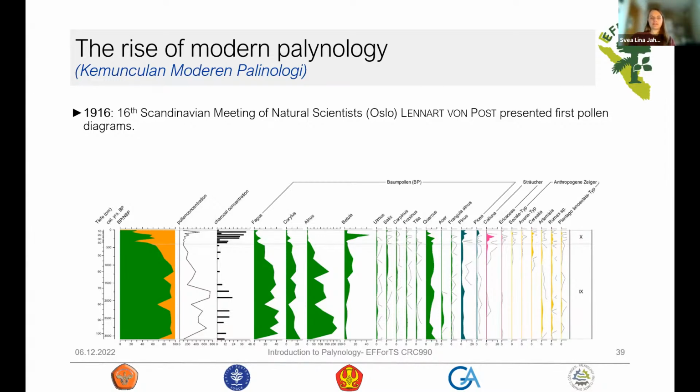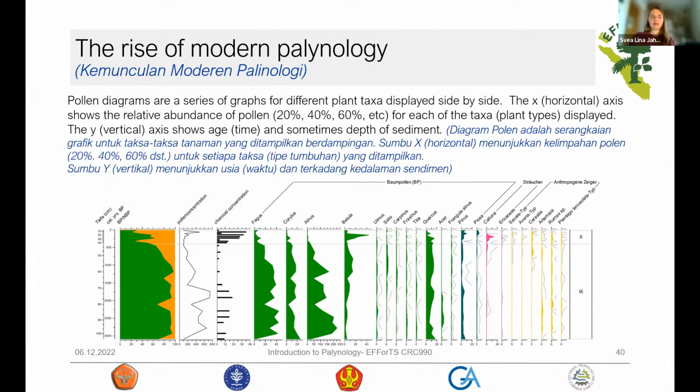A pollen diagram you can see down here below. I will still explain what this actually means. So a pollen diagram is basically a series of graphs for different plant taxa, which are then displayed side by side. So each of the single lines here is a plant taxon, or at least the pollen from it.